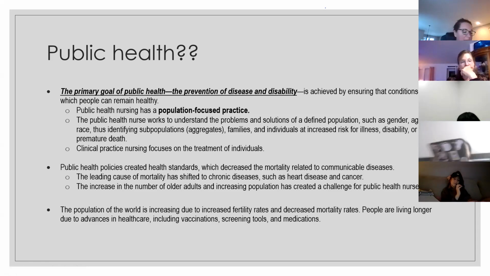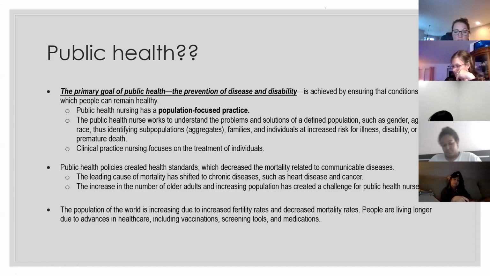The leading cause of mortality we have seen in public health is going to be decreased mortality related to communicable diseases. The increase in the number of older adults and increasing population is a problem because we're getting more older people because of the baby boomers. It's a huge group of people and now they're getting older.